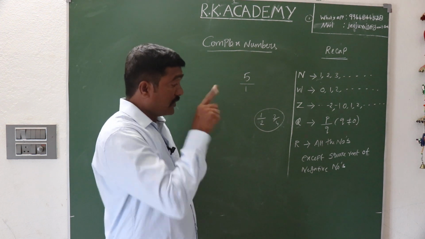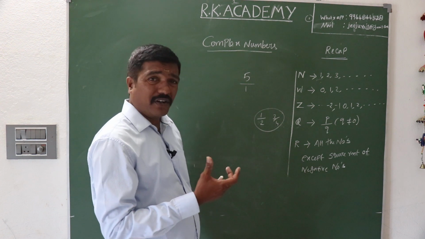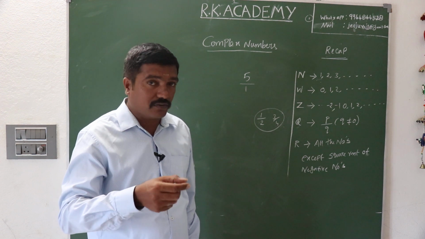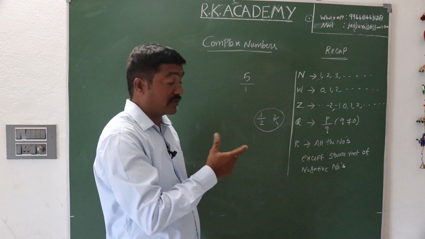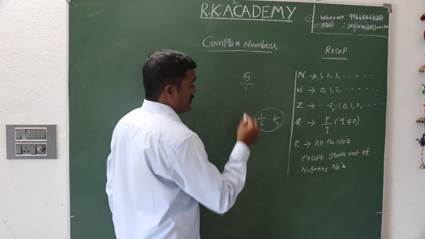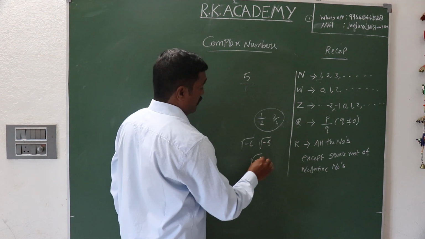After that, what about the real number? What is meant by real number? It's all the numbers except square roots of negative numbers, like root of minus 6, root of minus 5, root of minus 8.